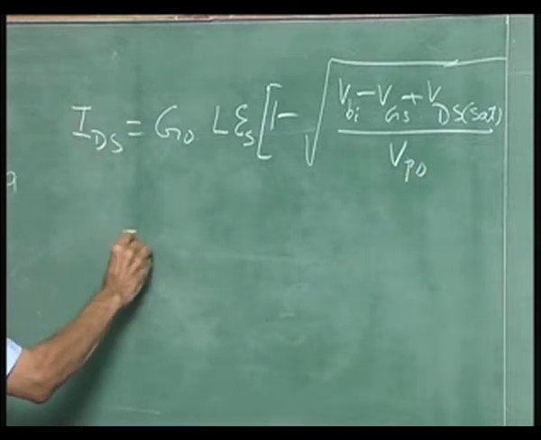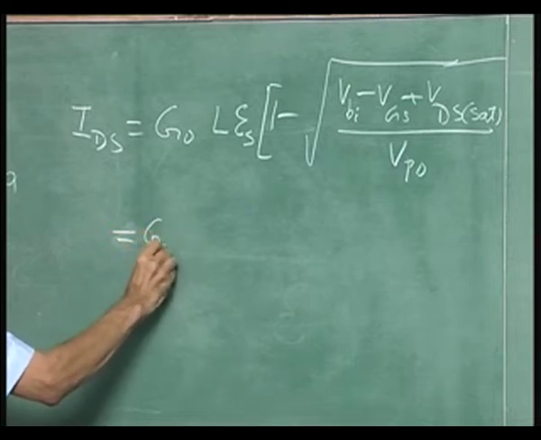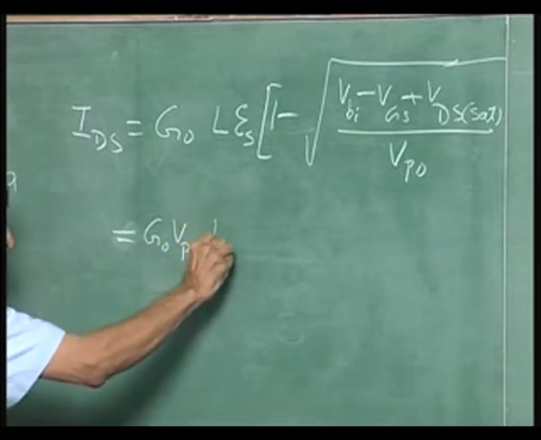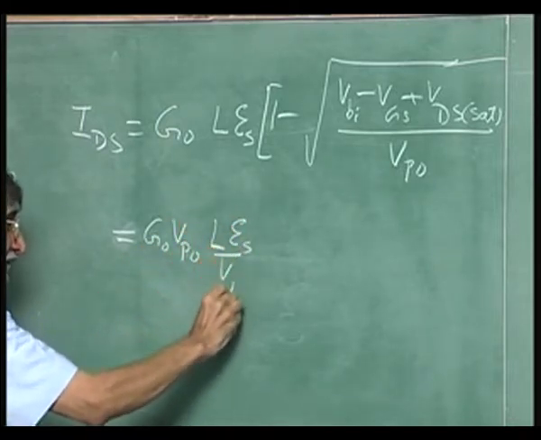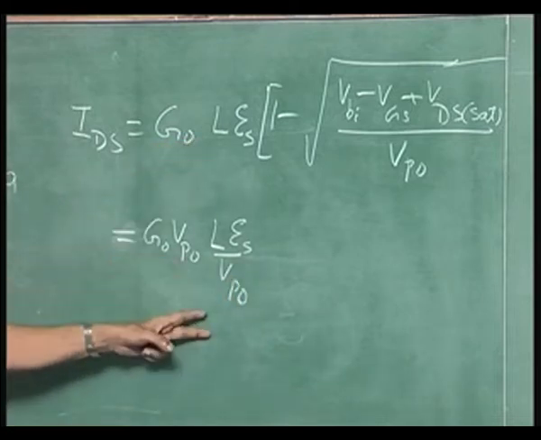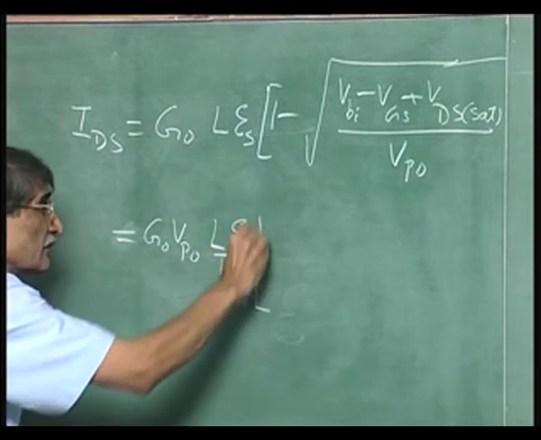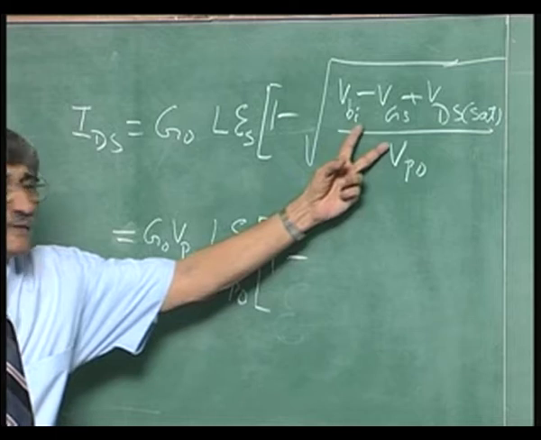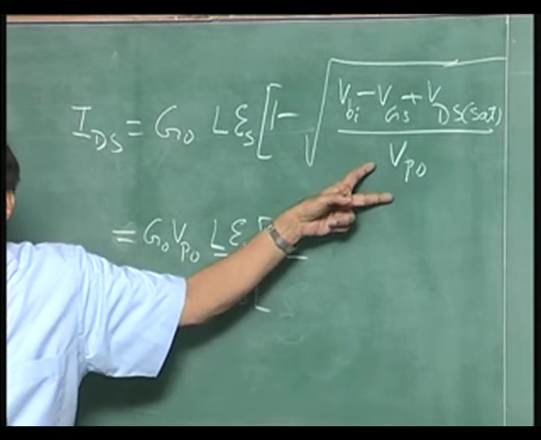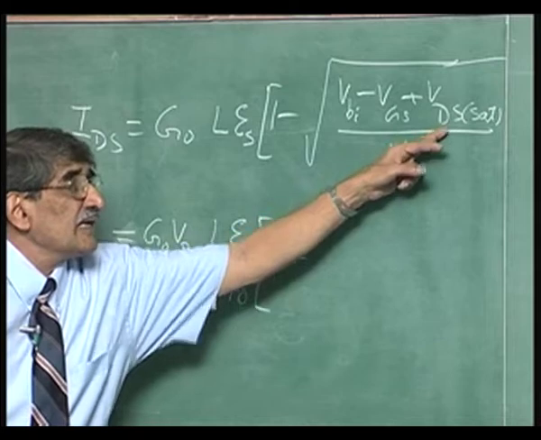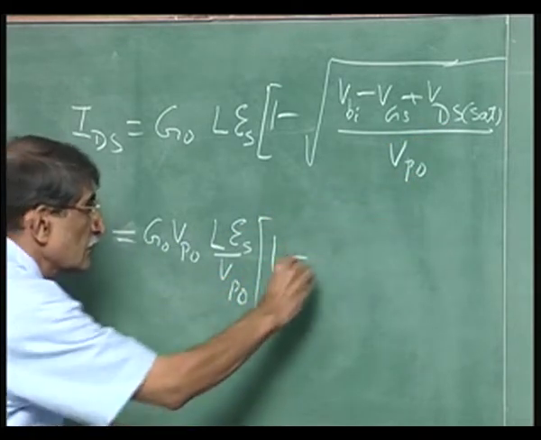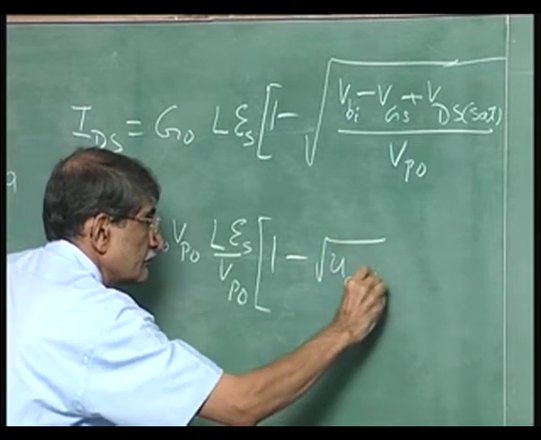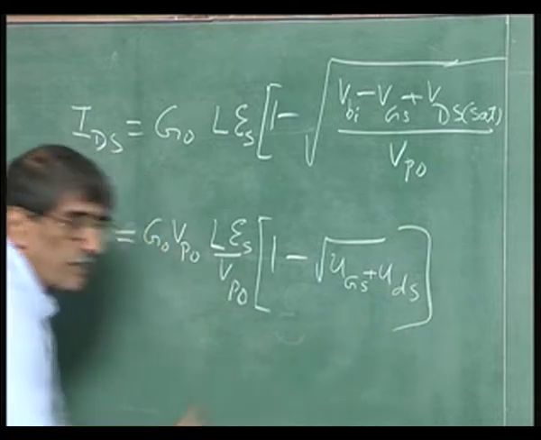So, this quantity is G naught into V p 0 into L E of s divided by V p 0 multiplied by that quantity, and what is inside is 1 minus. V b I minus V g s divided by V p 0 is U g s and V d sat divided by V p 0 is U d s. That is what we have written there.